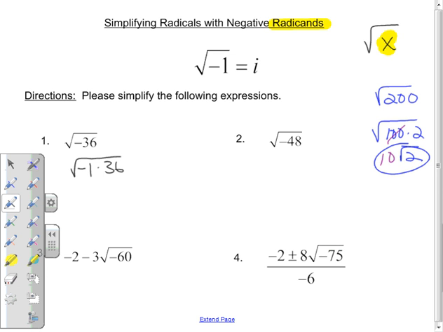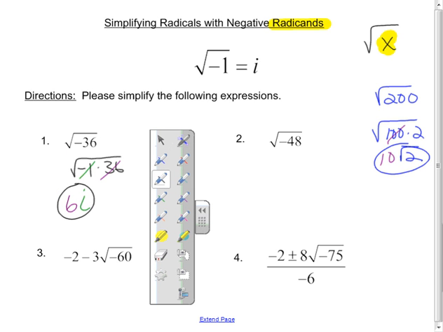Then I scan the problem and notice that it has the square root of 36, which is 6. It also has the square root of -1, which is i, making the answer for the square root of -36 6i.